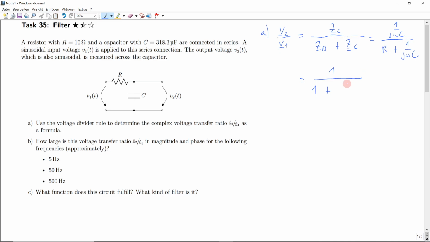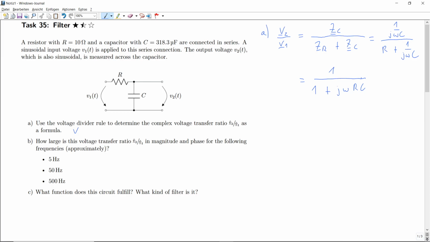And if we multiply this with j omega C, then we get 1 plus j omega R C. And this is now some kind of nice equation to deal with, because it just contains the value of the resistance, the value of the capacitance, and our angular frequency. Okay, I would say task A is finished.